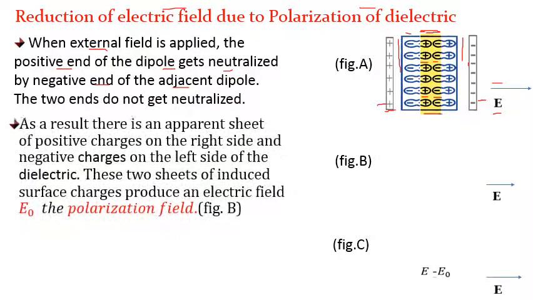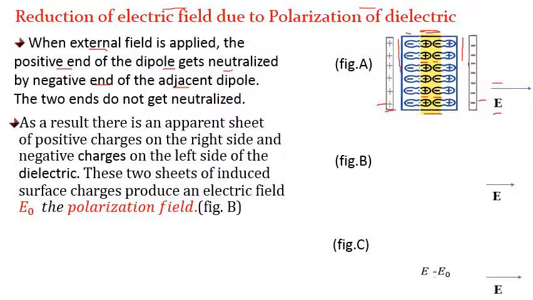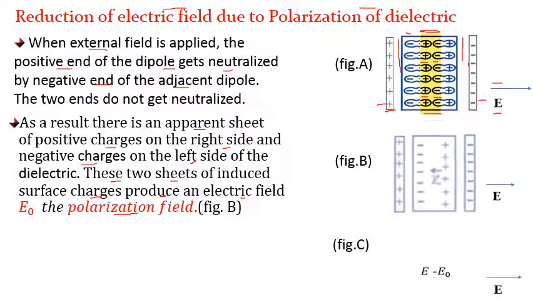Okay, now due to this what is happening? As a result, there is an apparent sheet of positive charges on the right side and negative charges on the left side of the dielectric, and these two sheets of induced surface charges produce an electric field E0, which is called the polarization field. I will explain this using this diagram.